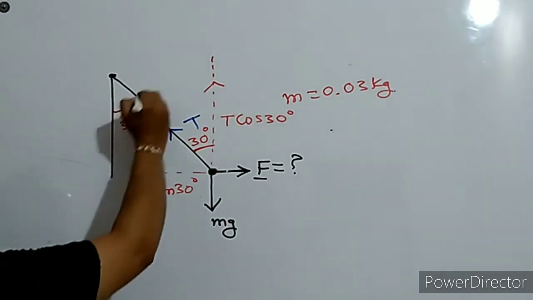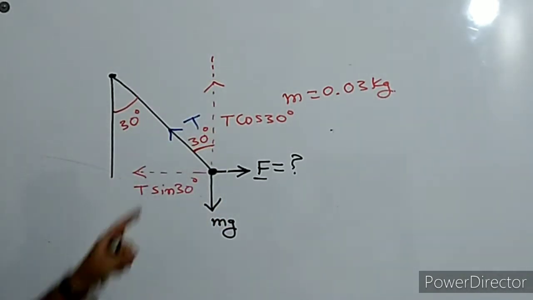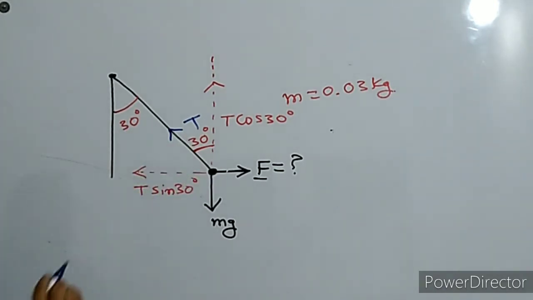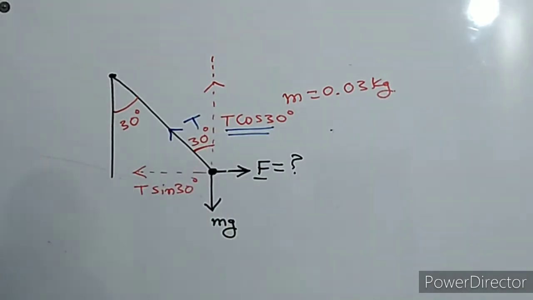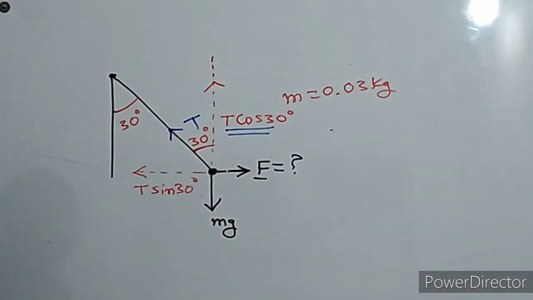If this angle is 30 degrees, then with the vertical this string will make a 30 degree angle, because you know that they are alternate interior angles. Okay, now the component of T in this direction is T cos 30 degrees, and the component of T in this direction is T sin 30 degrees.